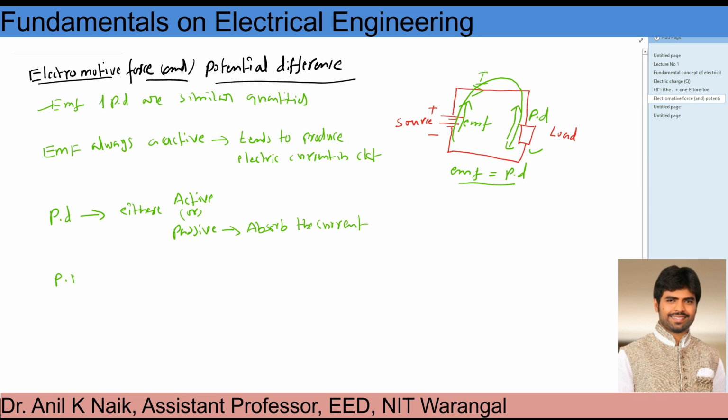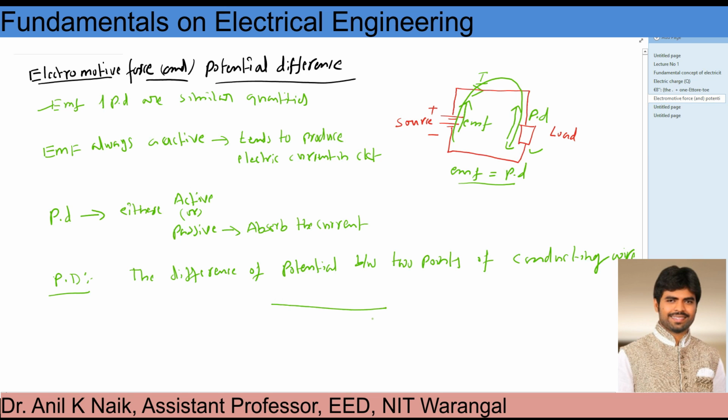The definition for potential difference: the difference of potential between two points of a conducting wire. So that is the definition. If you consider, this is my conducting wire.